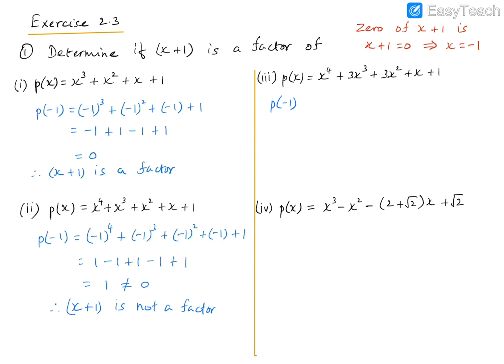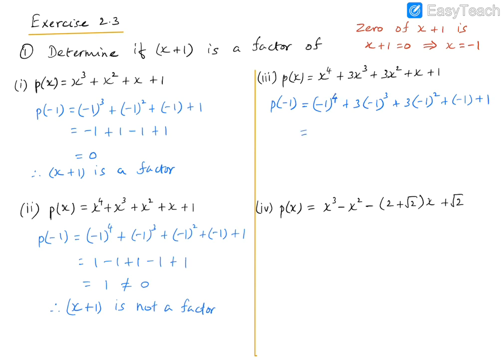So when we equate that to 0 and find x, we get x equal to -1. So evaluating it at -1, we get -1 power 4 plus 3 into -1 power 3 plus 3 into -1 square plus -1 plus 1.